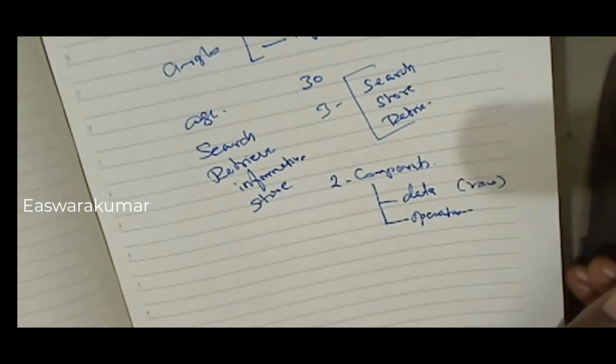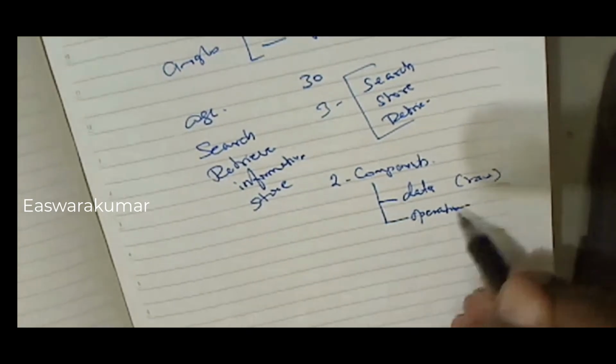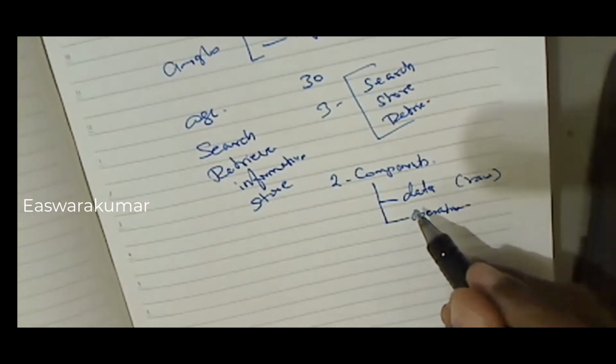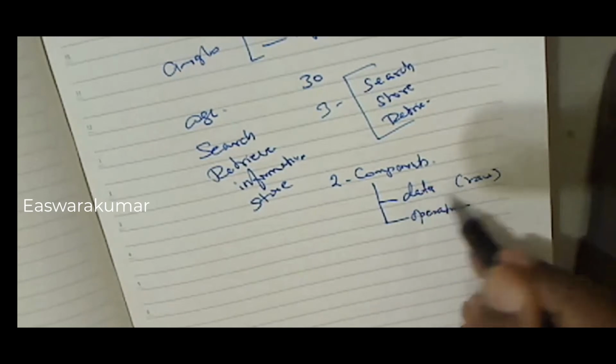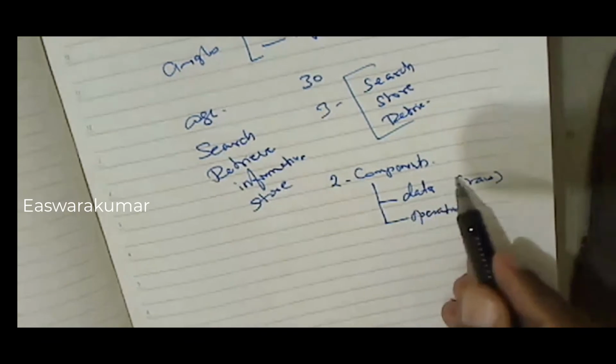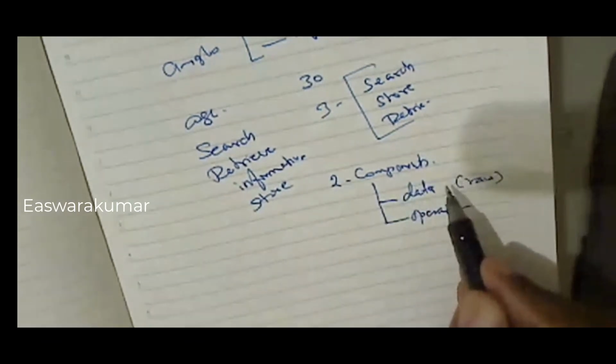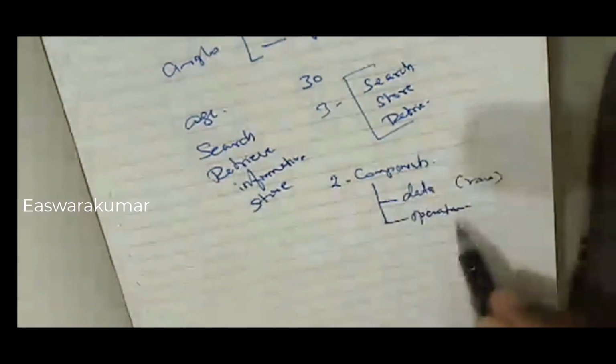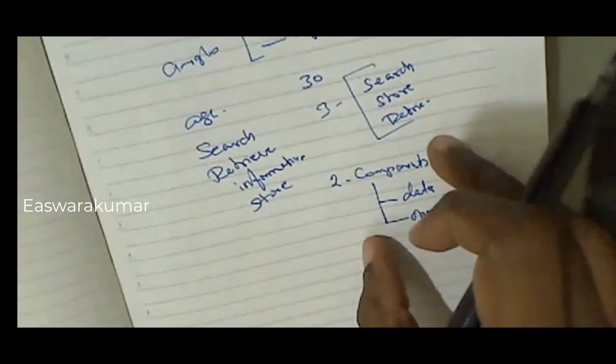And there are certain operations that we use on that data, in some specified manners, which vary from data structure to data structure. When we combine these two things together, that is called a data structure.